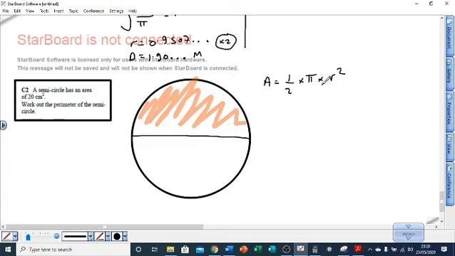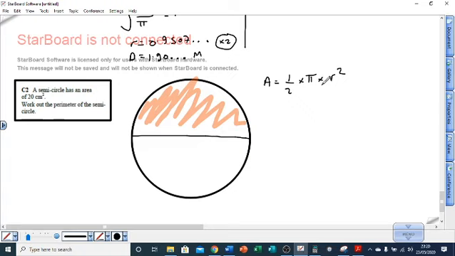The next thing I'm going to do is get rid of the times by pi by dividing by pi and dividing by pi, and that gives me 40 divided by pi is equal to radius squared. And to get rid of squaring, you square root both sides. So the square root of 40 divided by pi is equal to the radius. So we've now got the radius.